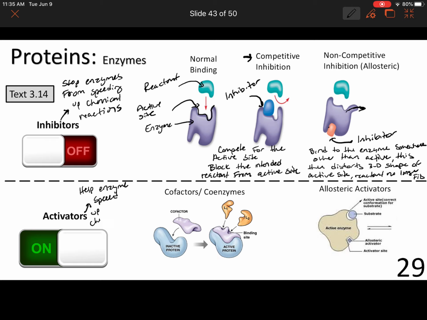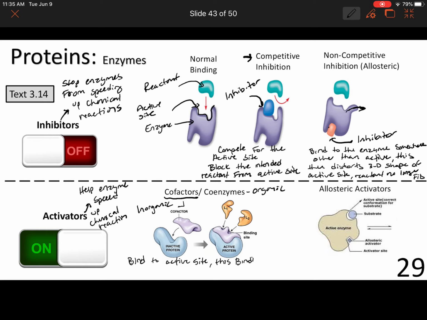Activators are the opposite. Activators help the enzyme speed up the chemical reaction. We have two different types of activators that are analogous to the two types of inhibitors: cofactors and coenzymes. They both do the same thing. Cofactors tend to be inorganic substances, and coenzymes tend to be organic substances. But really, their function is the same.